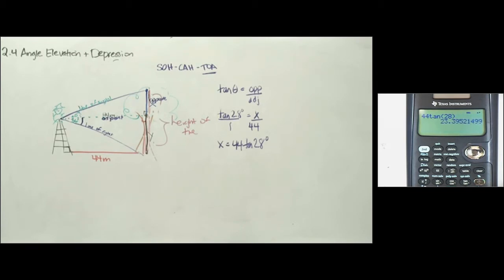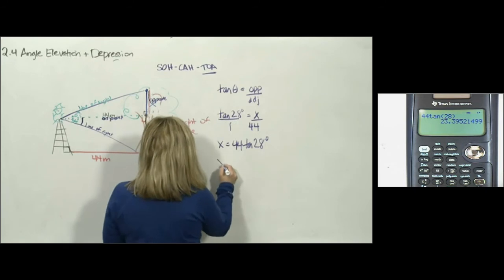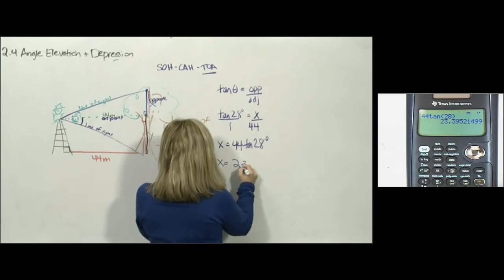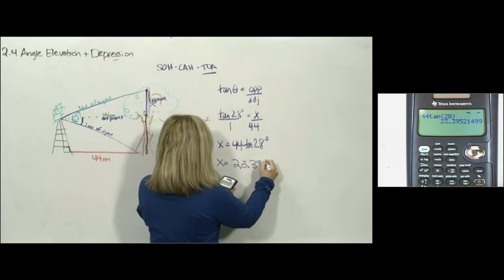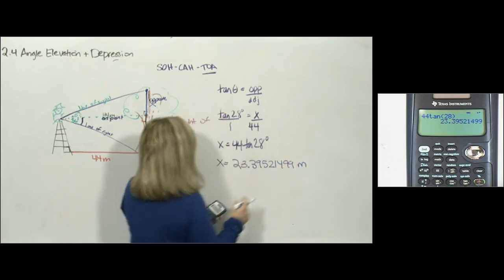And there's my decimal. And I do not round it. I need to have it exactly, because we're not finished with this word problem. Everybody clear with that? So I'm going to write the whole decimal out right now. X equals 23.39521499, and this is in meters.